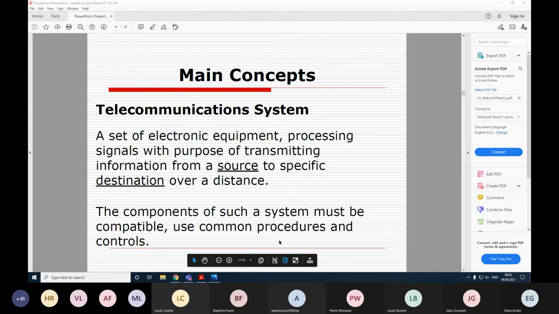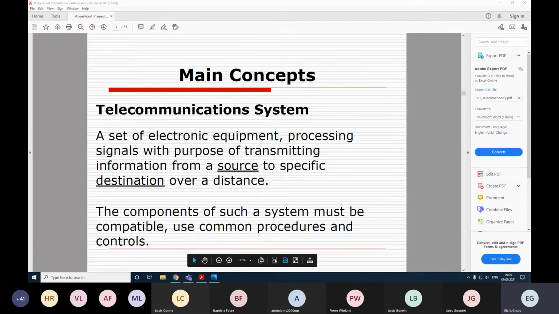So now we know what information is. Now we know how we can work with this information, and we have a good idea of how we can send it. We need to generate some signal, and then we can send this signal by using, for example, a wire to some distance.